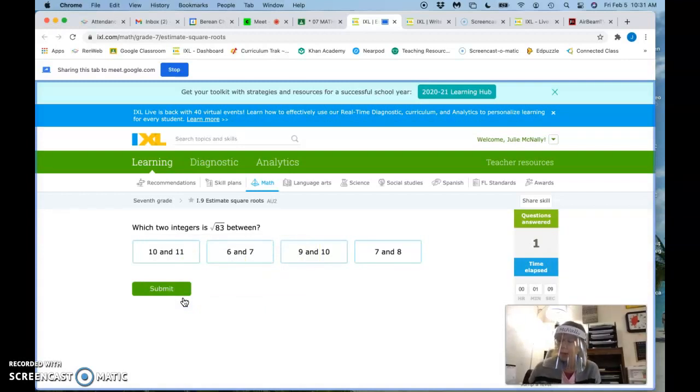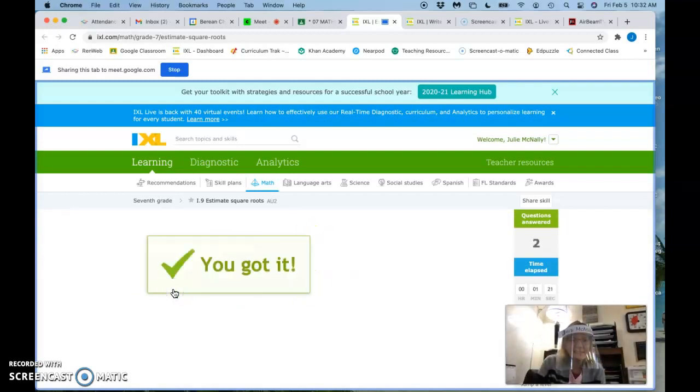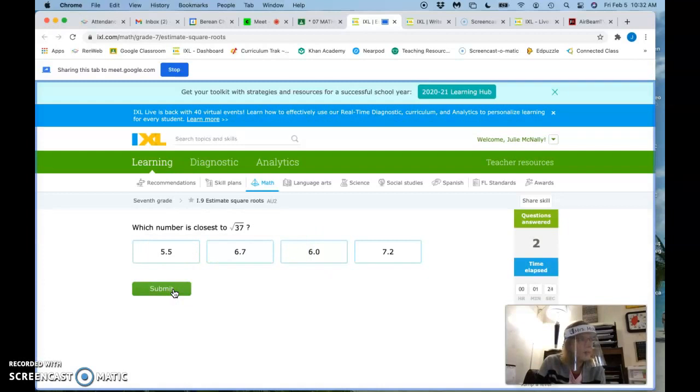Where would the square root of 83 fall? 83 would fall between 9 and 10. Yes. Nailed it. But, Cameron, I'm afraid you're not paying attention to my board. Where would the square root of 37 fall? 37 would fall between 6 and 7.